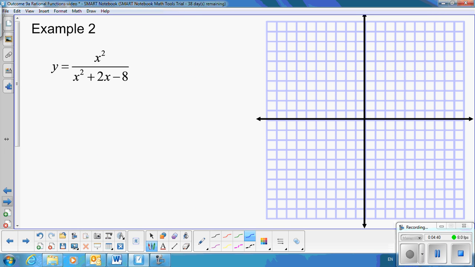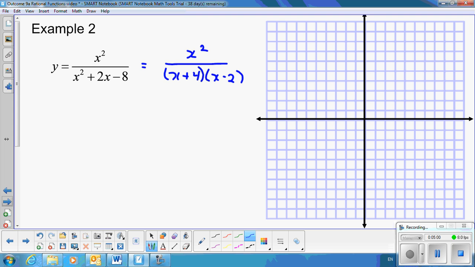Example number 2, y equals x squared over x squared plus 2x minus 8. So again, let's start by factoring. Our denominator will factor into x plus 4 and x minus 2.